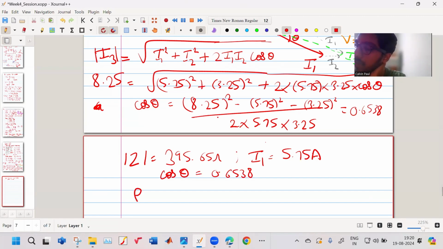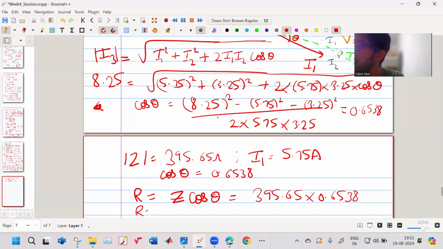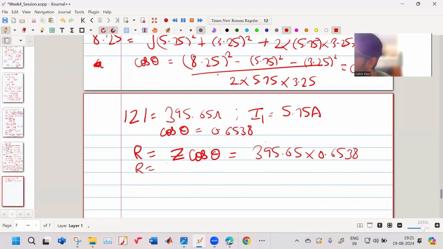So your R is equal to your Z into cos theta. That is equal to 395.65 into 0.6538. So your R comes out to be 258.67 ohm.